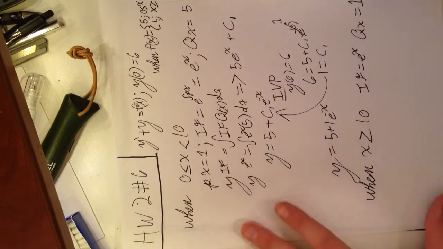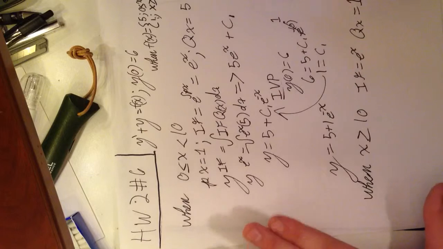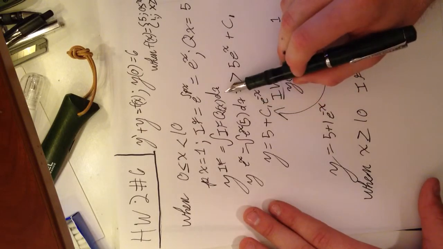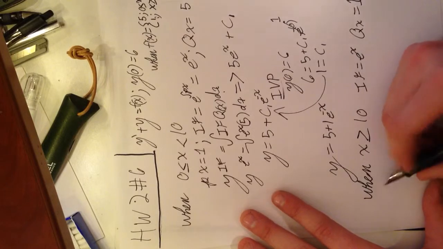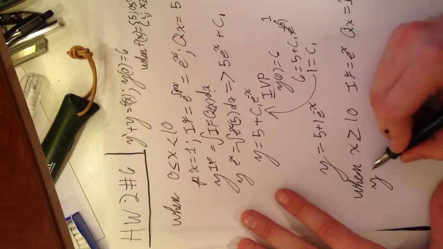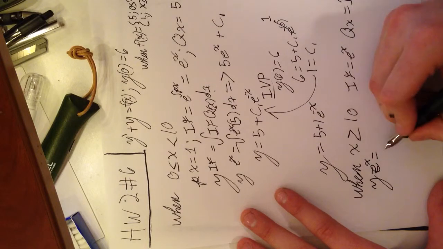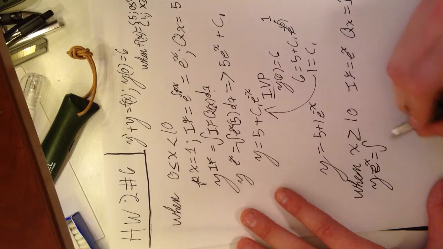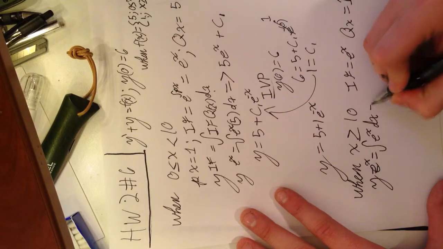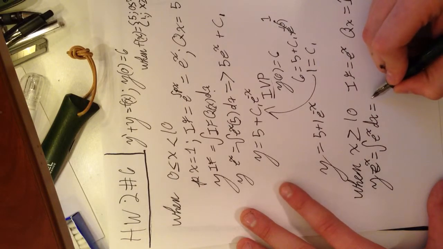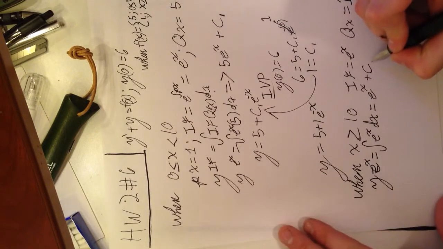So we put that into our y times the integrating factor equals the integral of integrating factor times q of x dx equation, and that gives us y times e to the x is equal to the integral of e to the x dx, which when you integrate gives you e to the x plus c.